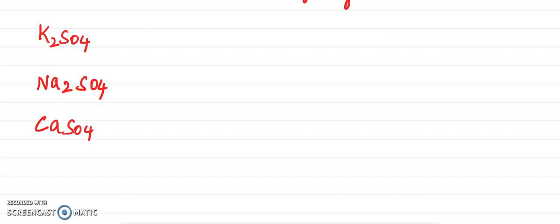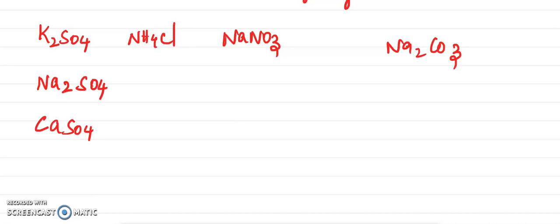The next is NaNO3, that means sodium nitrate, and sodium carbonate. Then ammonium chloride, sodium chloride, and magnesium sulfate.